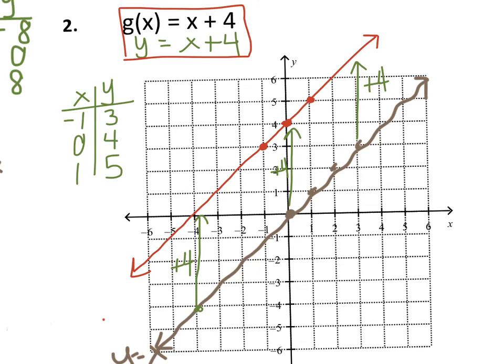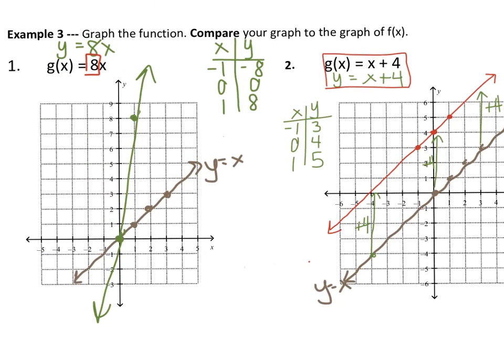So we can already tell what the graph is going to look like before you even graph it, based on the parent function and the numbers around it. So if you're adding something or subtracting something on the end, you are going to shift it up or down. And if I look back at that first example we did, if that number before your x is bigger than 1, it's going to stretch it.